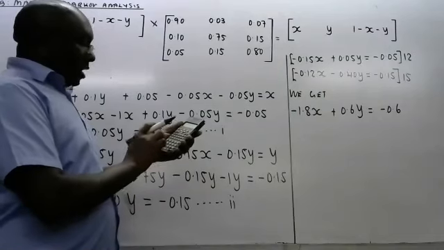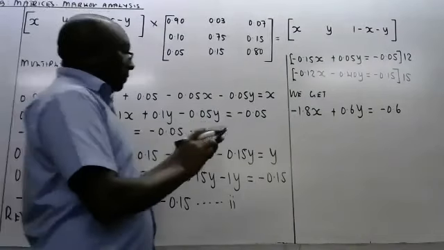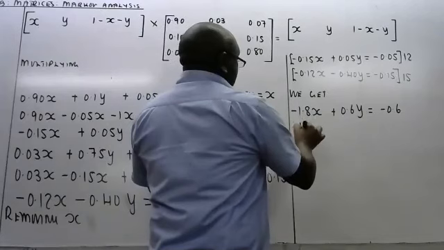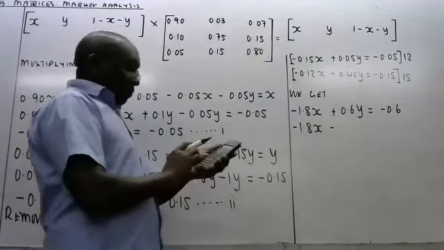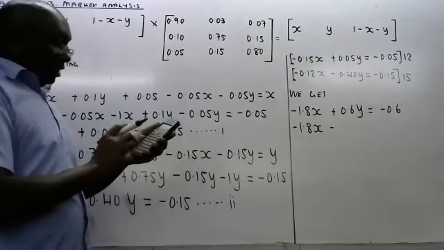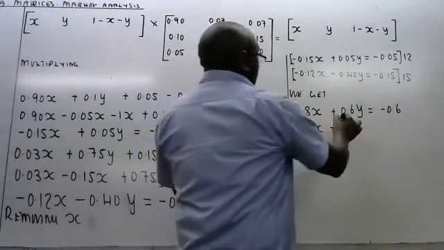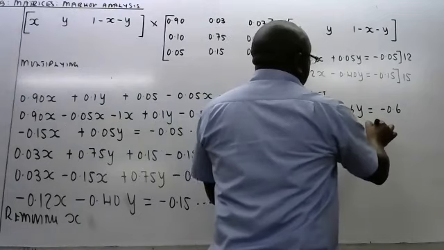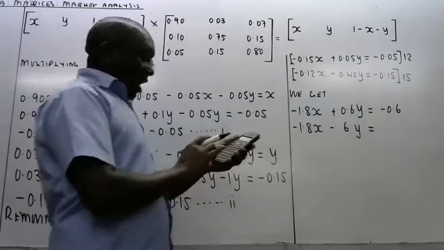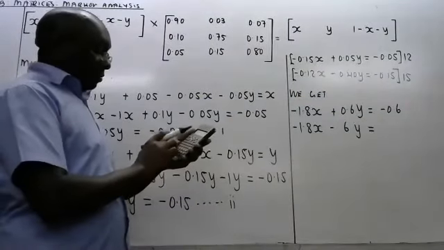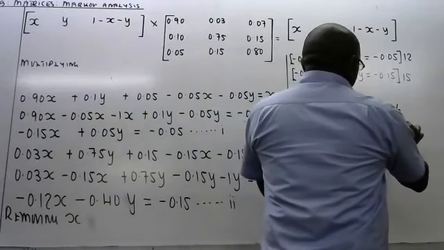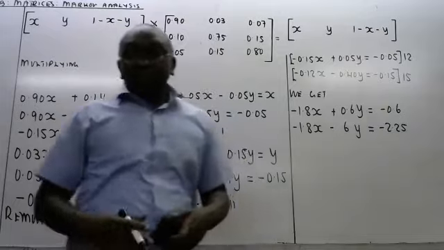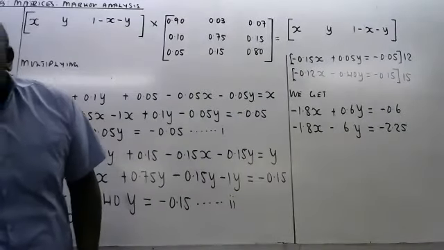Then 0.12 times 15 is minus 1.8x, minus 0.4 times 15 is 6y, then 0.15 times 15 is minus 2.25.